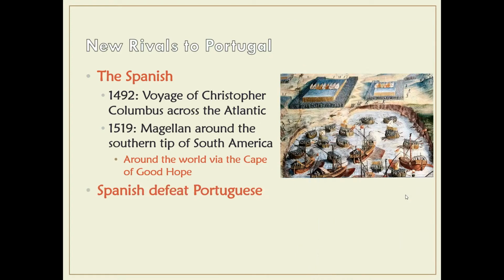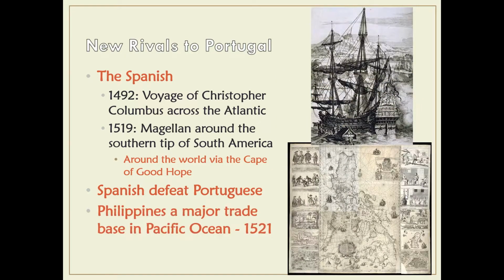You have the Spanish eventually going to defeat the Portuguese and take over the Philippines and make the Philippines a major trade base in the Pacific Ocean, starting about 1521. So the Philippines become the place where Spain has their seat of power in Southeast Asia.